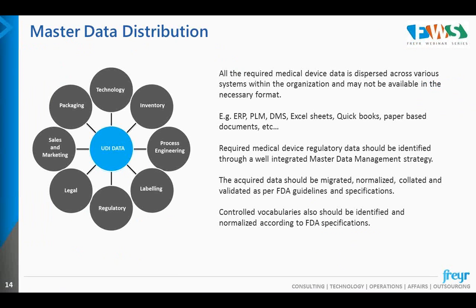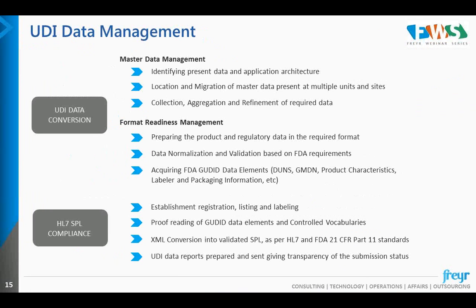As part of that, it's also addressing controlled vocabularies so that a certain attribute, such as a packaging size or a release date to the market, has the same naming convention or meaning throughout the enterprise. And again, controlled vocabularies, relabeling those data elements to UDI standards. Next slide, please.